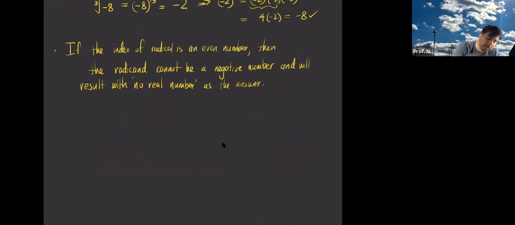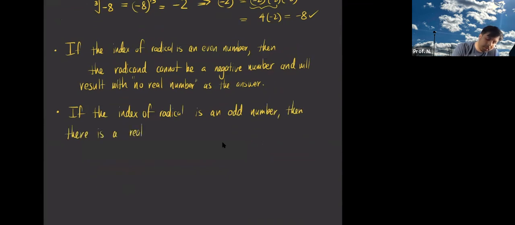But if the index of the radical is an odd number, then there is a real number for a negative radicand.